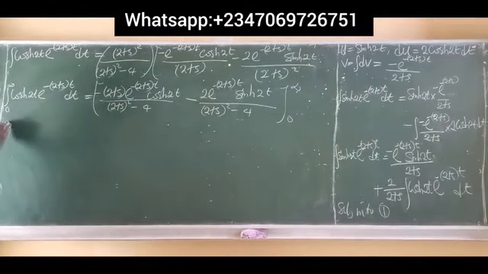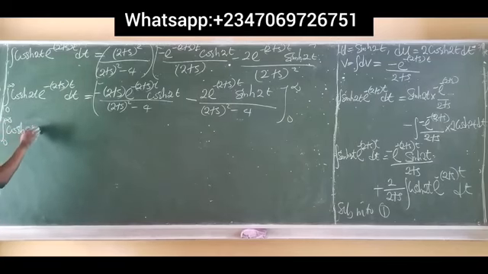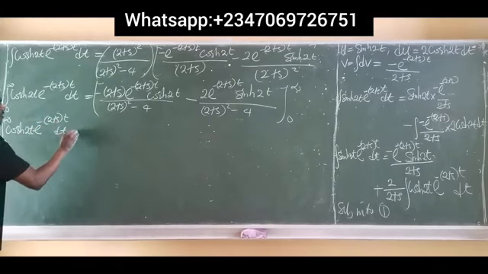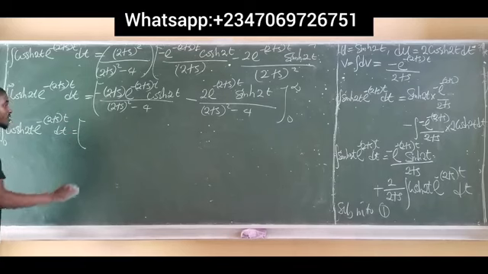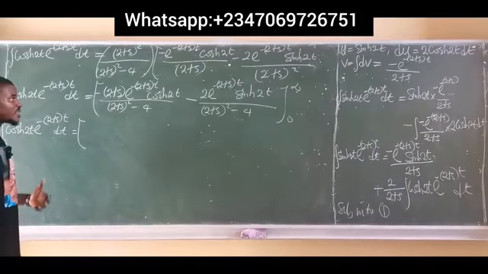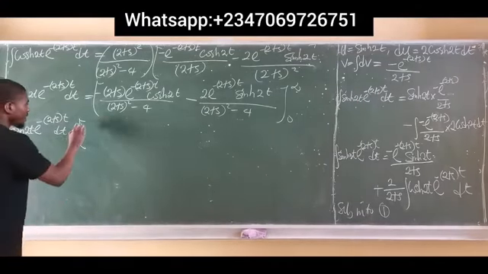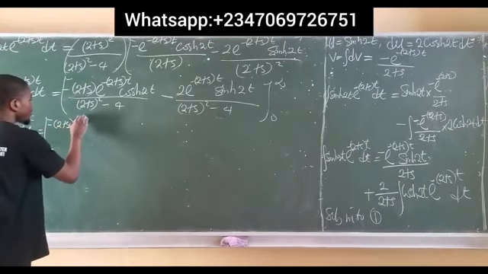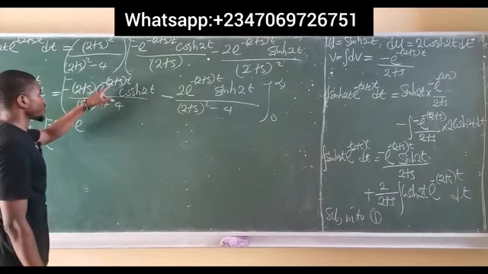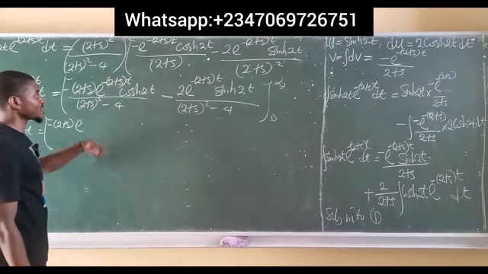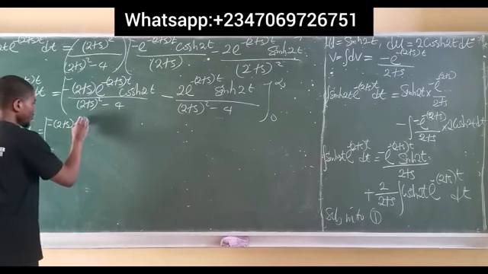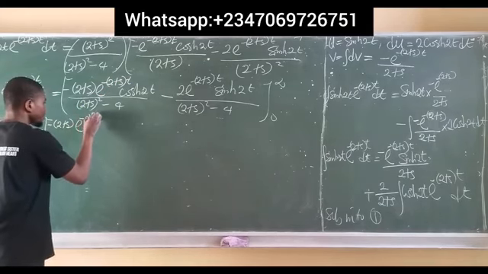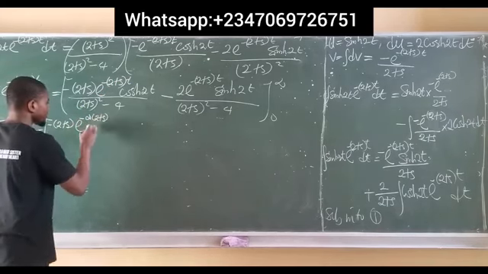Therefore, the integral from 0 to infinity of cosh 2t e^(-(2+s)t) dt is now equal to, so let's start with the upper limit, infinity. Wherever you see t, put in the value infinity. So I have here e^(-(2+s)t), and t now stands for the upper limit. The upper limit is infinity, so we simply put minus infinity times (2+s).